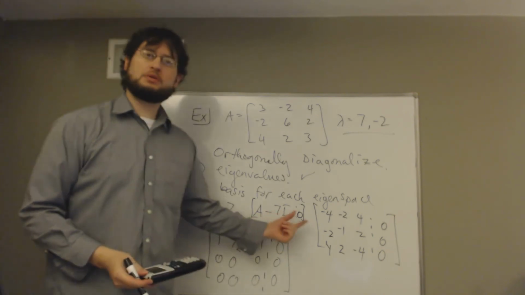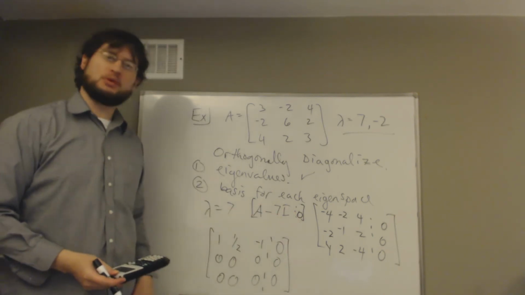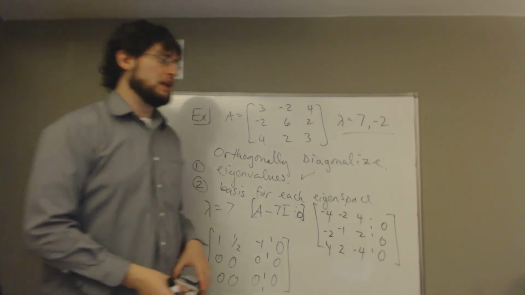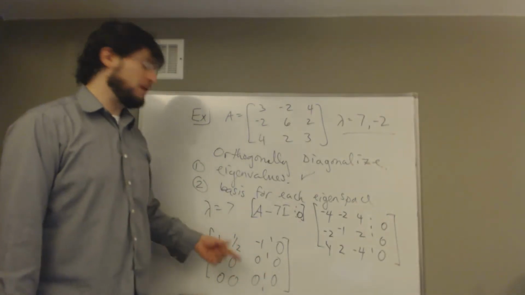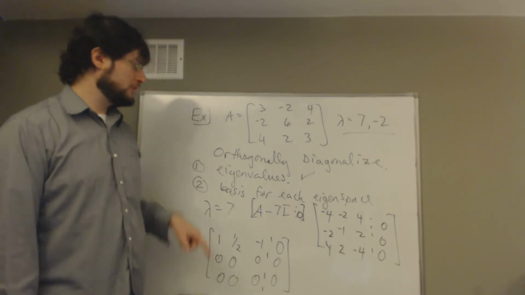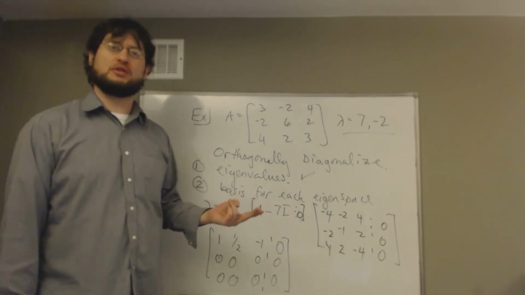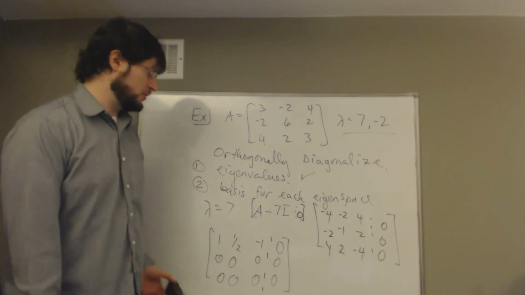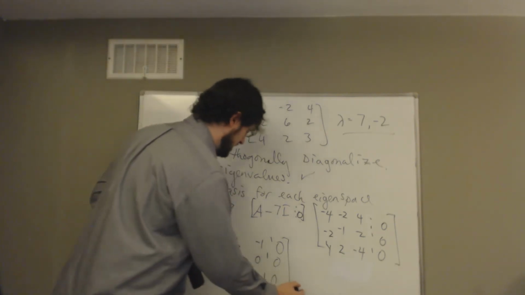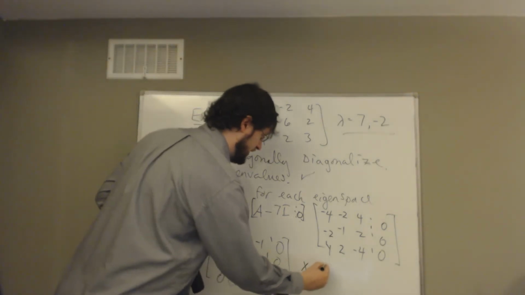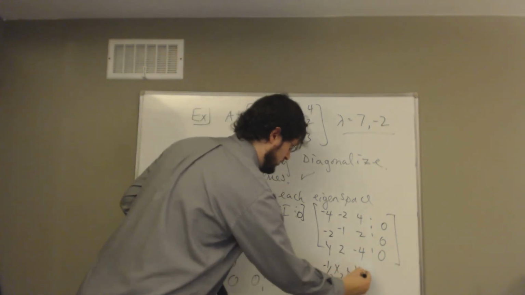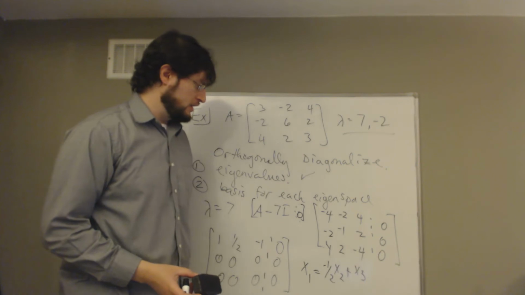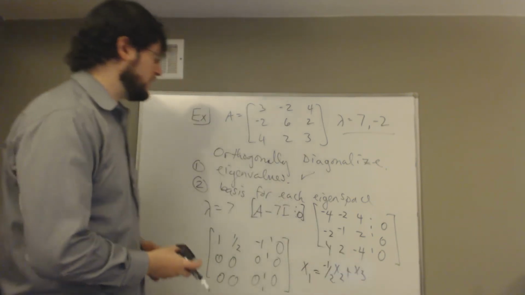So notice, for lambda equals 7, we have 2 free variables. x2 and x3 are free. This means that we're going to end up getting 2 eigenvectors corresponding to lambda equals 7. So this particular eigenspace is 2-dimensional, and we will actually have something to do in the next step. All right, so this becomes x1 is negative 1/2 x2 plus x3, and x2 and x3 are free.